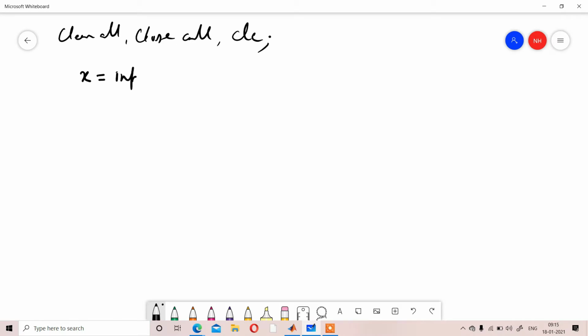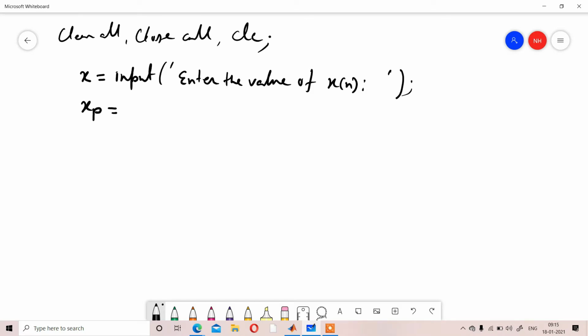So it will be input, enter the value of xn. That will ask what the value of x should be, and whenever it is asked, you have to put that in. After that, xp.